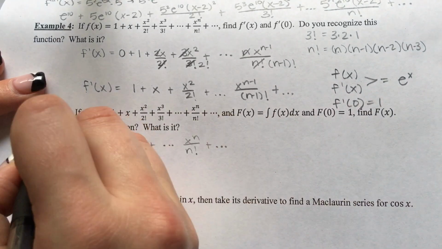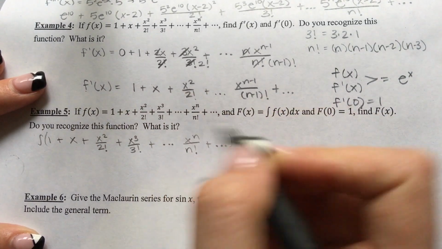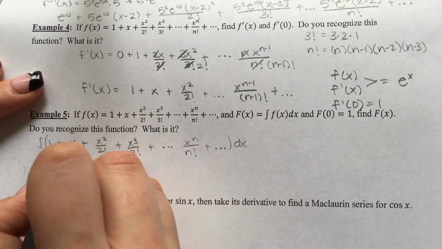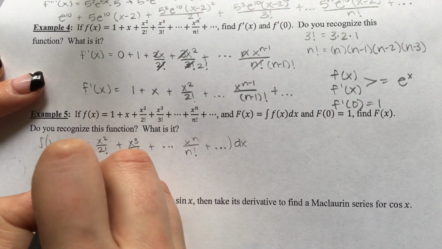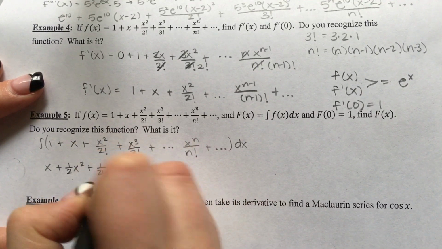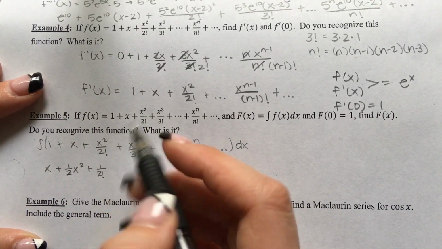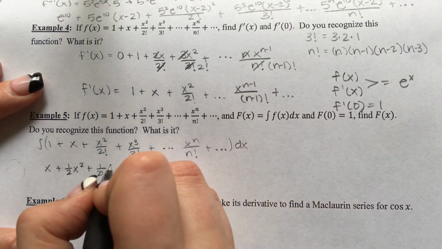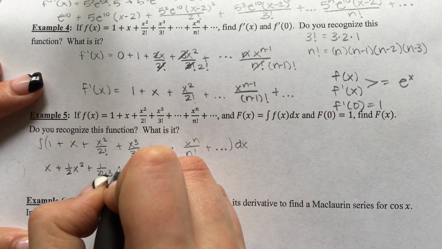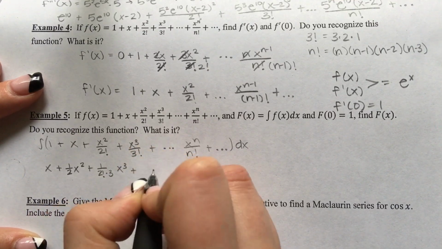So the integral of 1 is x. The integral of x is 1/2 x squared. And then we're going to have a 1 over 2 factorial in the front. The integral of x squared would be 1/3 x to the third. So I'm going to take this bottom part and multiply it by 3, and then get an x to the third.